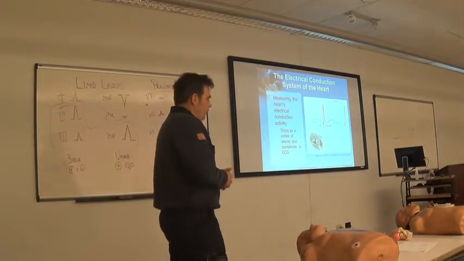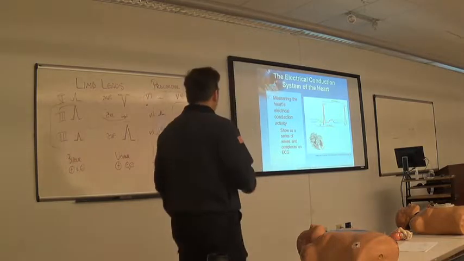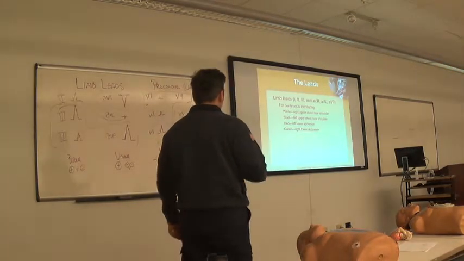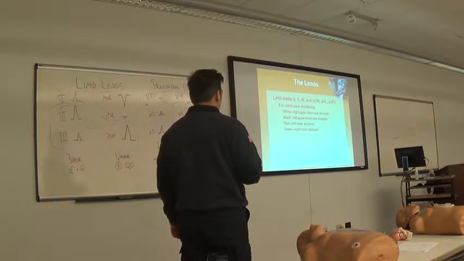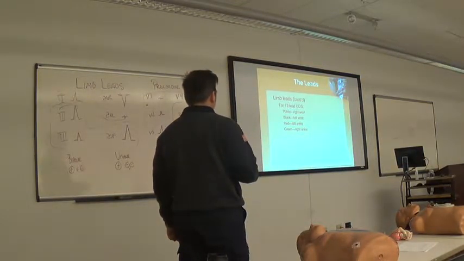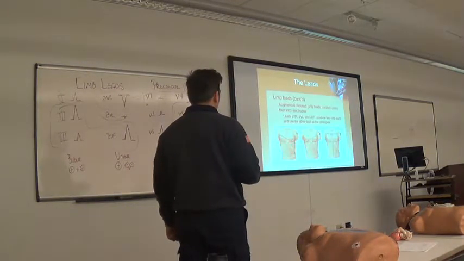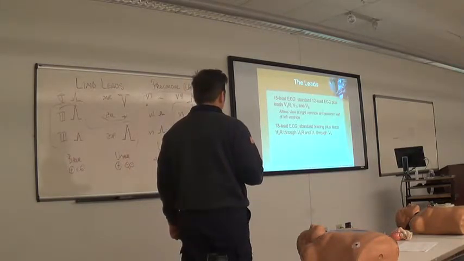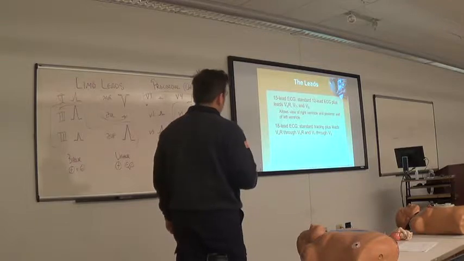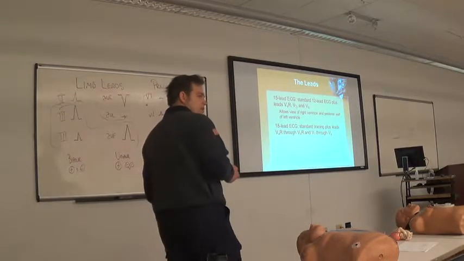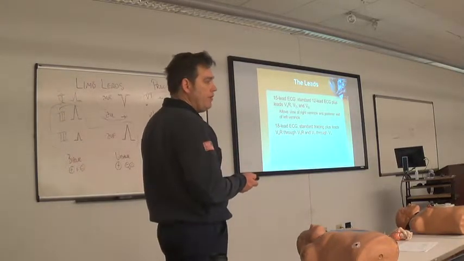All right, so we know about the leads, where white and right and black and all that go. We covered Einthoven's triangle and the augmented leads. We will cover 15 lead and 18 lead EKGs, just when you would use those.